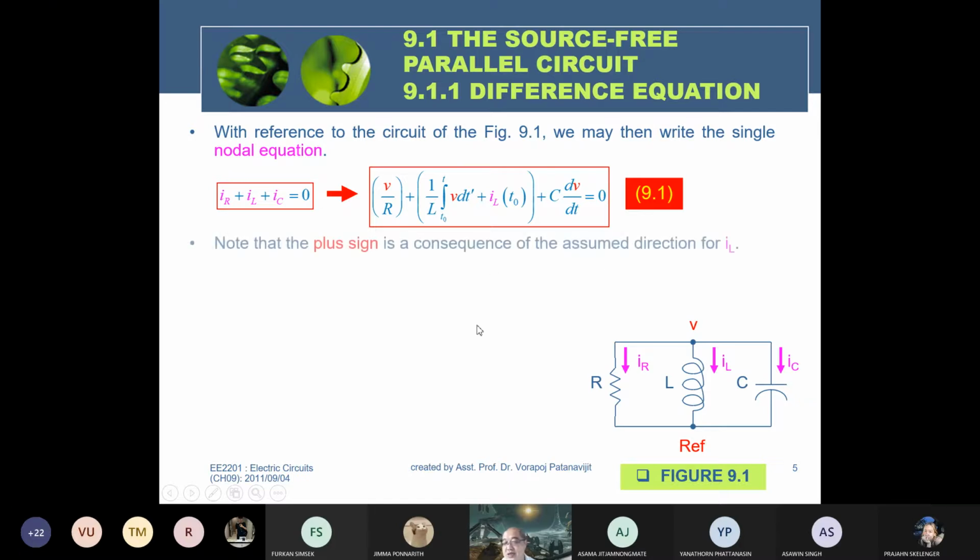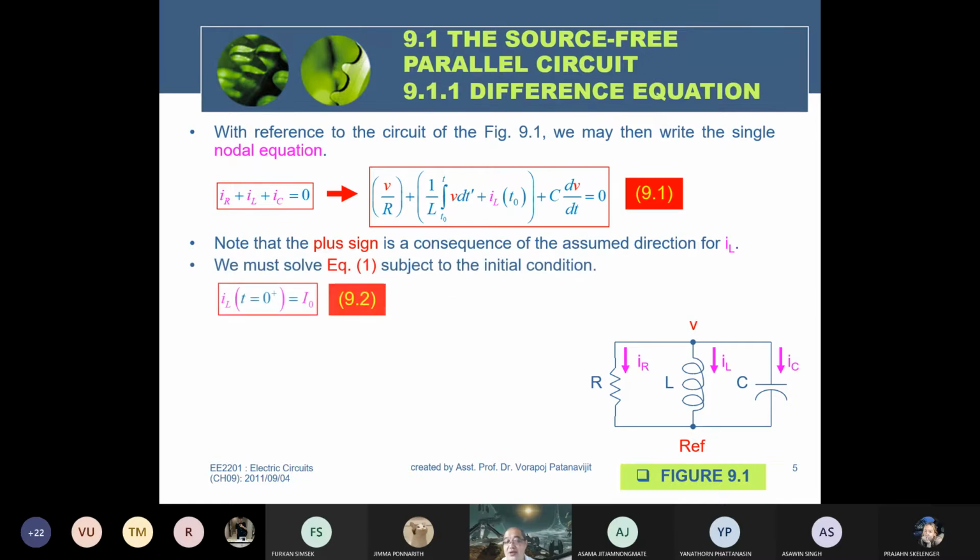After you get these equations, you can model the circuit by equation 9.1. Note that the plus sign is a consequence of the assumed direction of the inductor current. We must solve equation 1 subject to the initial conditions I_L at time 0 equals I naught, and V_C at time 0 equals V naught.